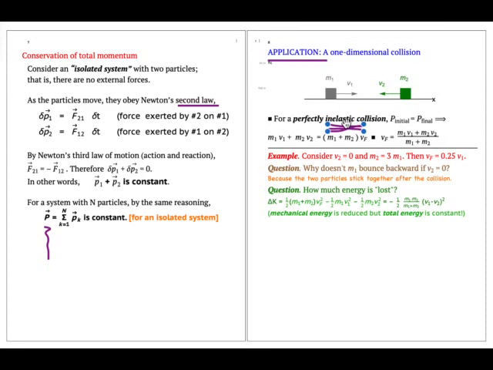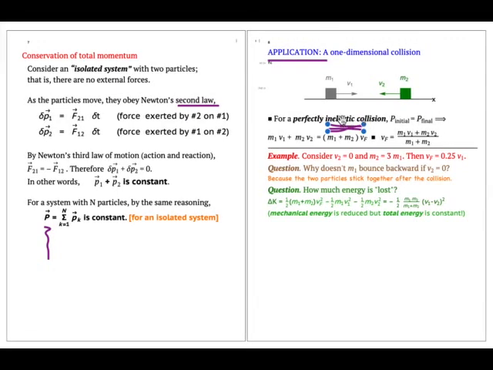That's called an inelastic collision. Well, that's momentum conservation for any kind of collision.